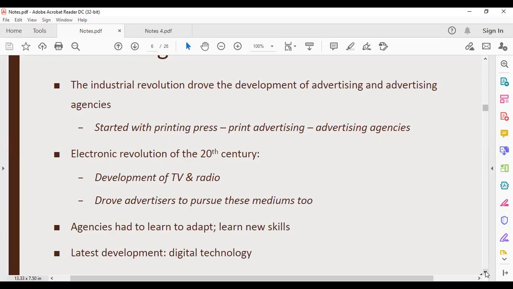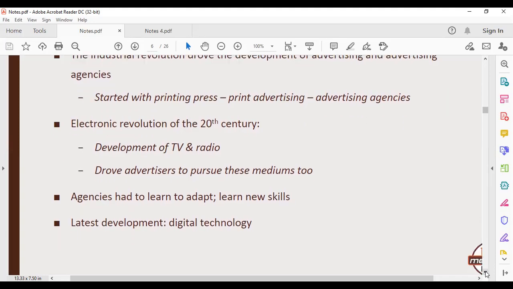Okay. Then the latest development that we have now, that's digital technology. That's the digital space where we are now. The rise of the internet, the rise of mobile phones, the rise of computer technology. This is the era where we are. Again, you have to learn new skills. Advertising agencies have to develop new skills because this was another new platform that required different skills.